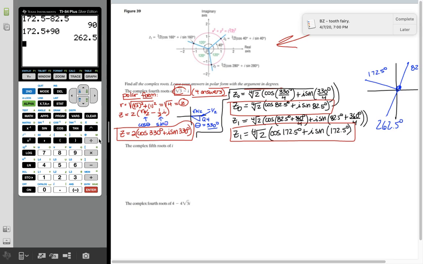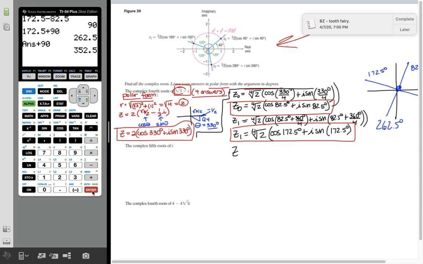And then one more time, plus 90. So notice whenever you have fourth roots, they're always going to be 90 degrees apart. So my last one will be really close to 360. It's going to be at 352.5 degrees.